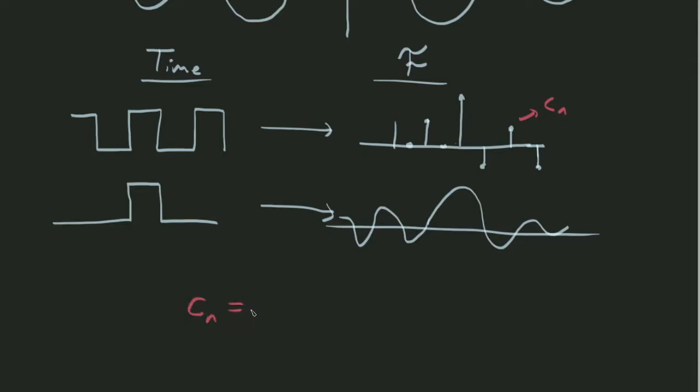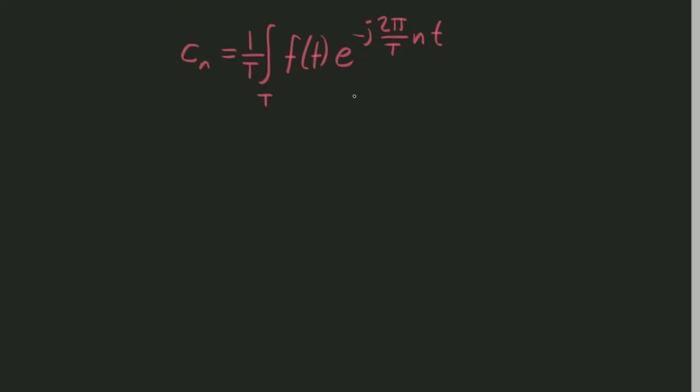Cn is equal to 1 over T times the integral over a period of f of t times e to the minus j 2 pi over capital T times n times t. Now if you look at this formula, we have pushed this period T to infinity.